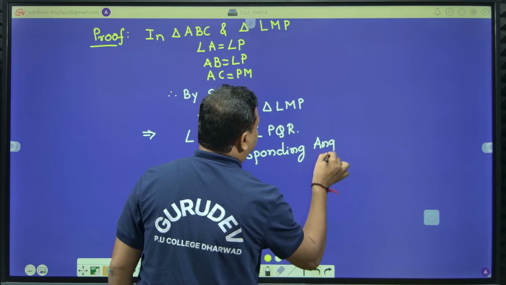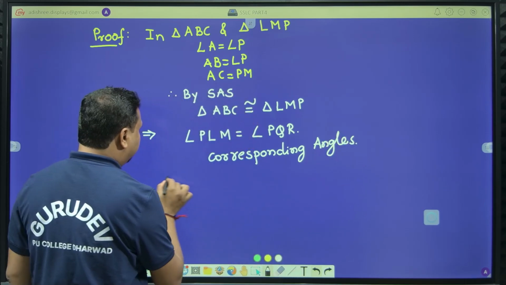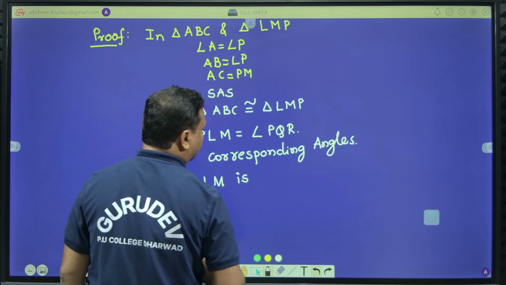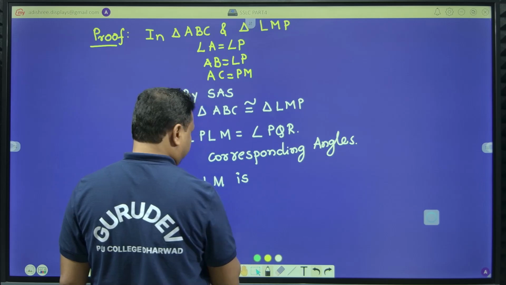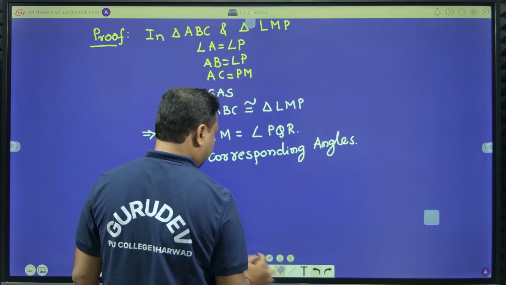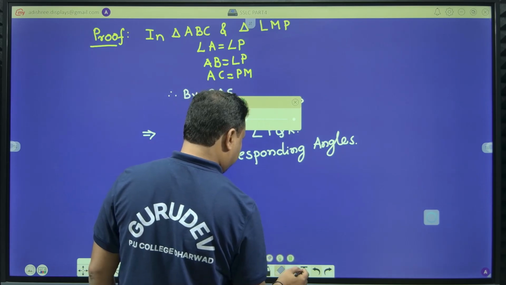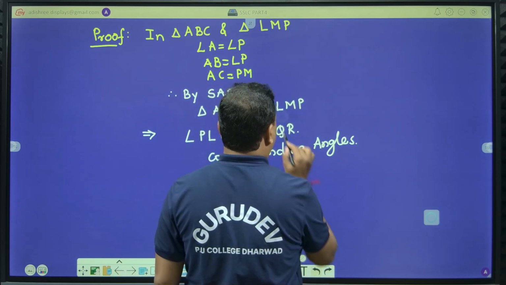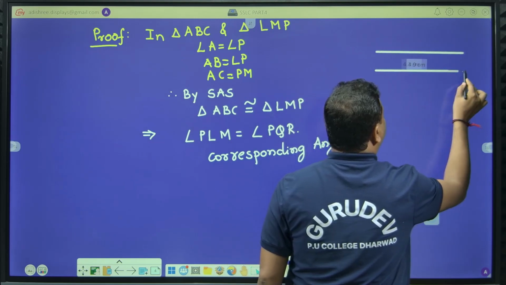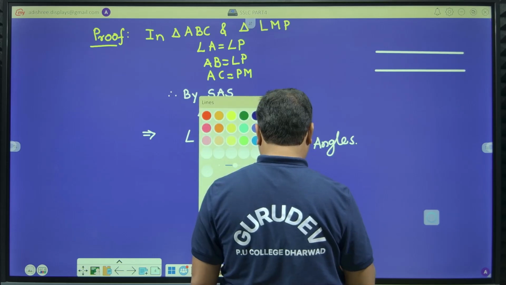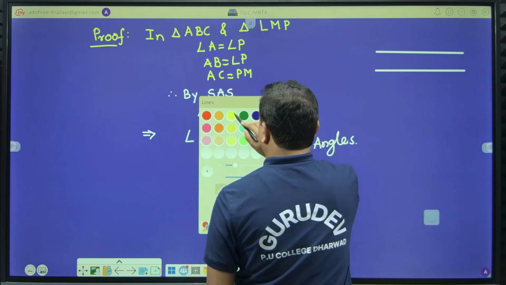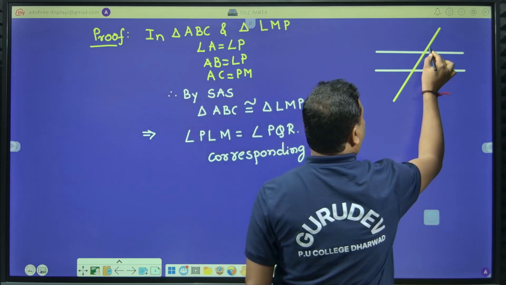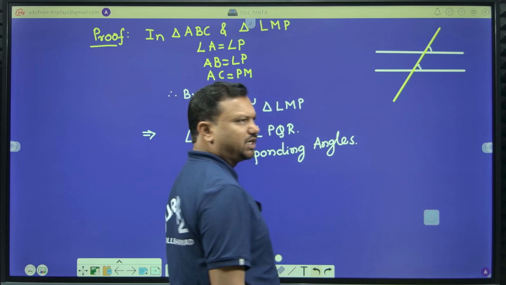It means what? Corresponding angles. Let me take another diagram over here. You know that, suppose you have two lines and a line intersecting both the lines at two different points, so it forms corresponding angles, right?